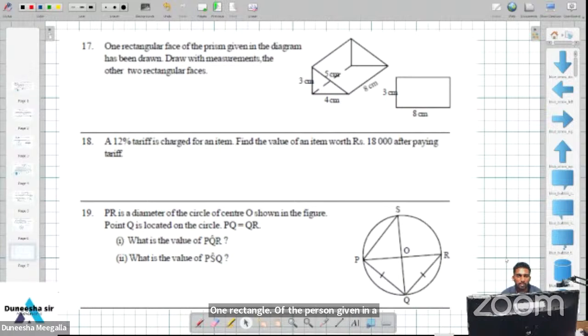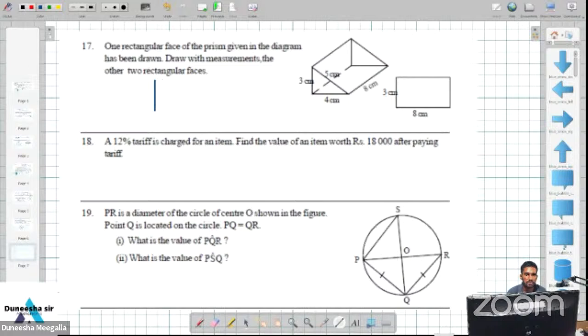Draw the other two rectangle faces with measurements.